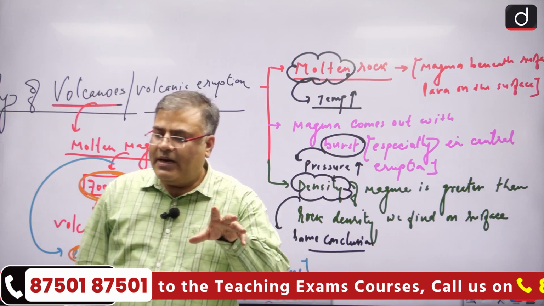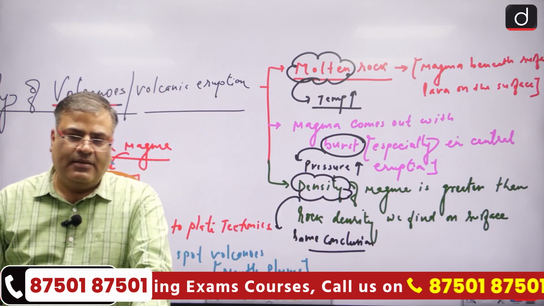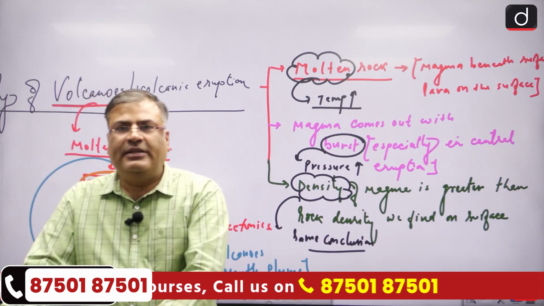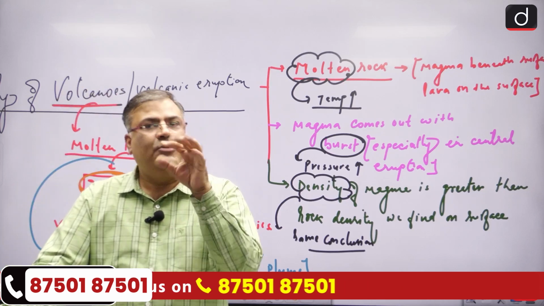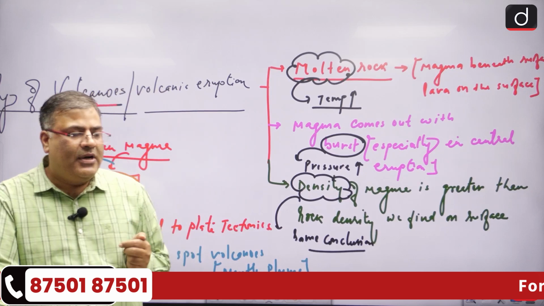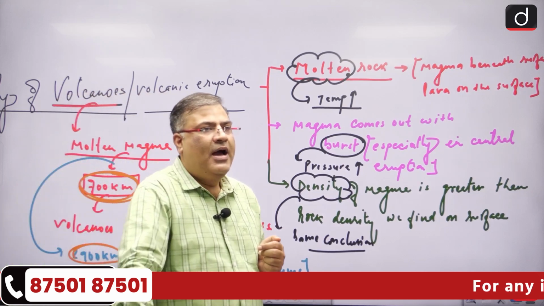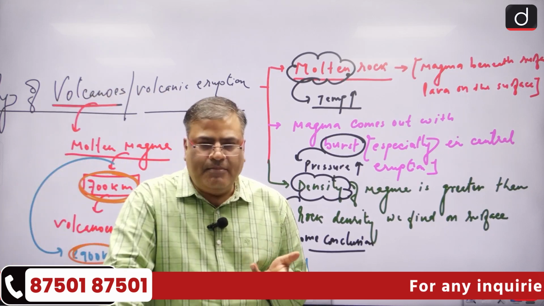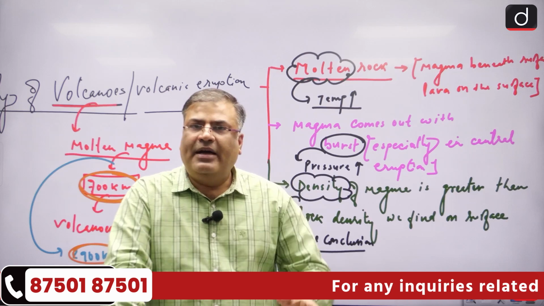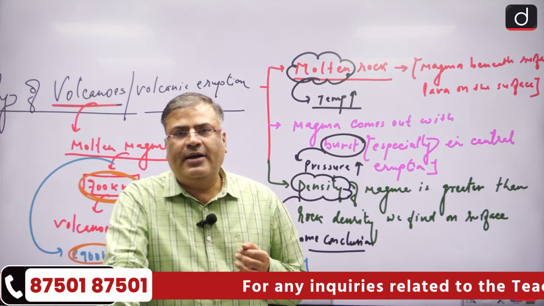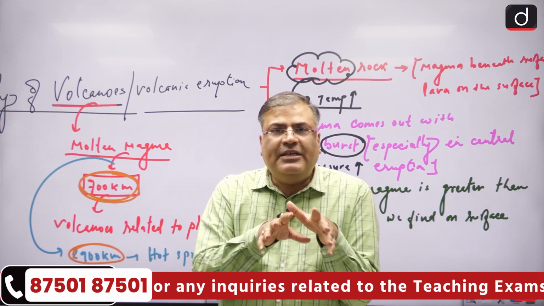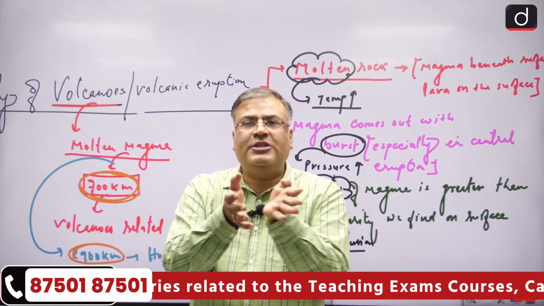It gives us a very clear indication that up to 700 kilometer, this kind of mineral composition is there. You can ask me, sir, how are you concluding what the mineral composition is up to this depth? Very simple. If the magma is coming out from a depth of 700 kilometer, then the magma is not a liquid which is stored over there.